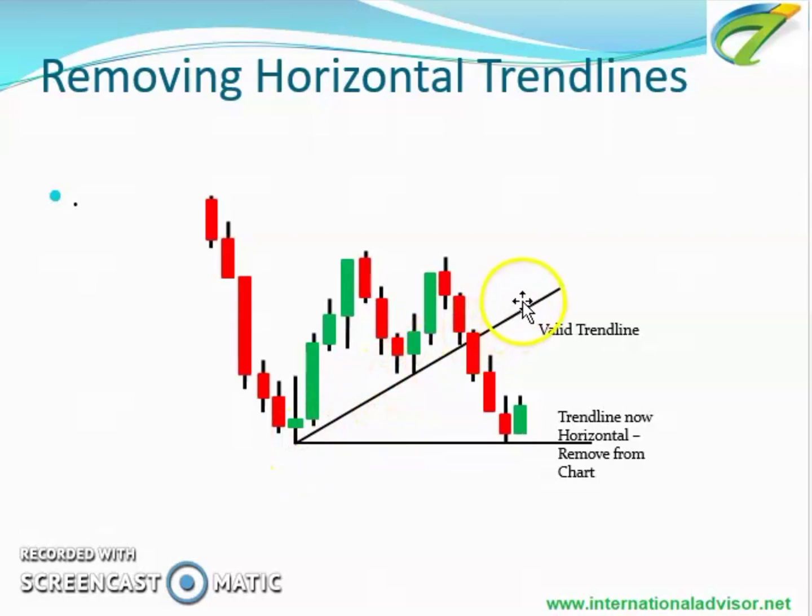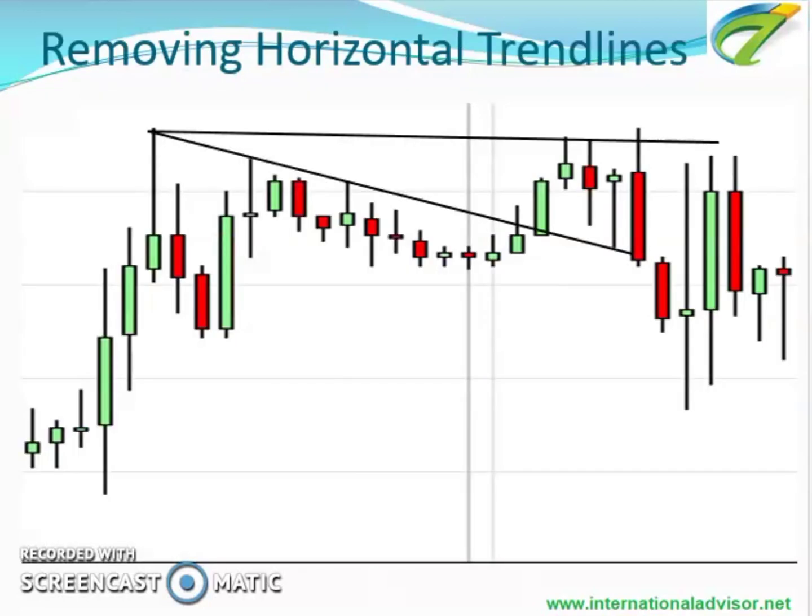It was upward sloping, that was valid. And now you see, if we draw this line, it doesn't make any sense. It's not showing any trend, it's simply a horizontal line. So we will simply remove this and make a new line from this as the market proceeds.